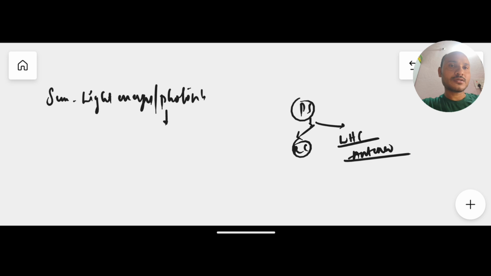When light energy comes from sunlight in the form of photons, it is received by the LHC, light harvesting complex. From the light harvesting complex, it then goes to the reaction center, RC.